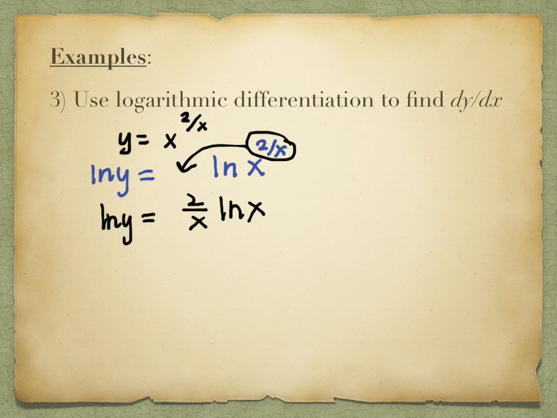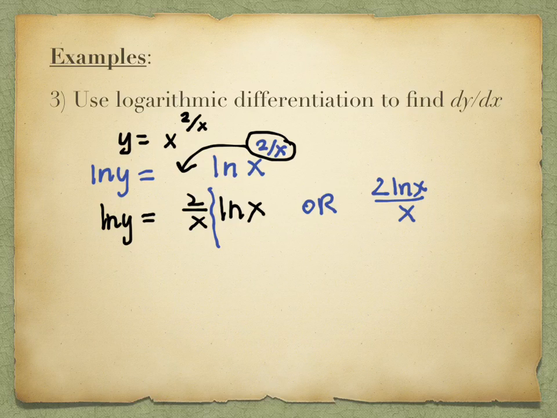I think of it as product rule, but if you want to change it, you can think of it as a quotient rule. We could think of this as 2 ln x over x and think of it as a quotient rule. Okay, so those are your two choices. I'm seeing people nod that they don't like that quotient rule idea, so we'll stick with the product rule.